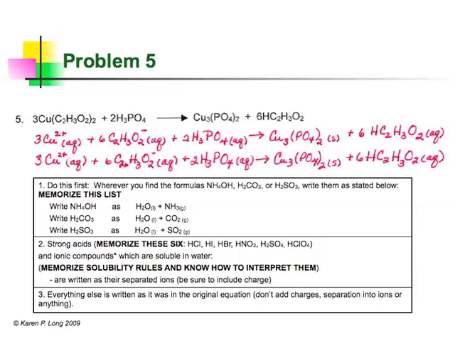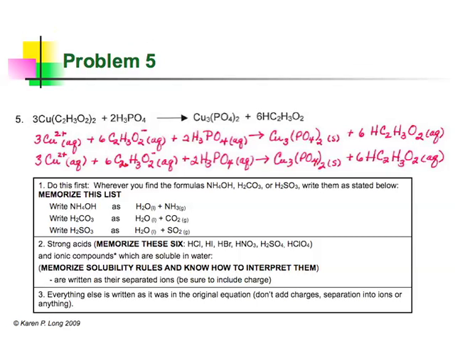When you look back at the copper 2 acetate on the left, notice again the coefficients of the ions. Since there are 2 acetates in each copper acetate molecule or formula unit, 3 of those units would make 6 acetate ions.